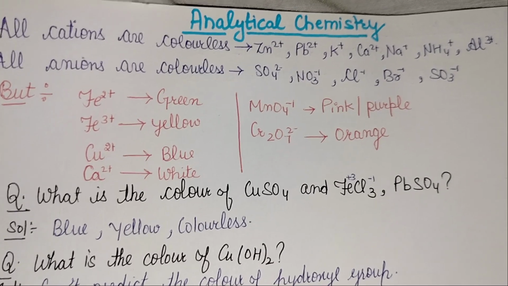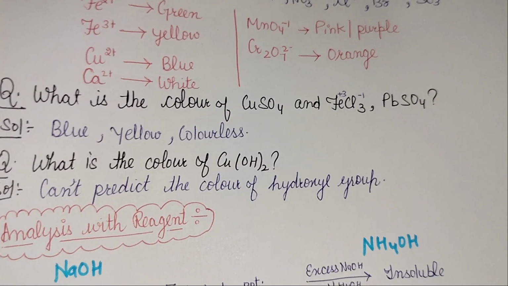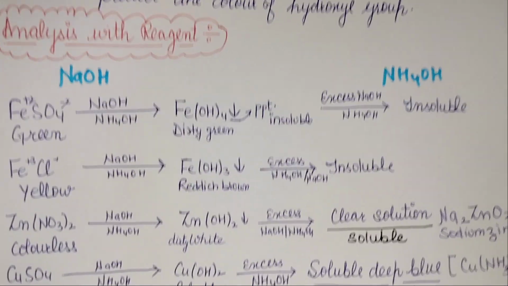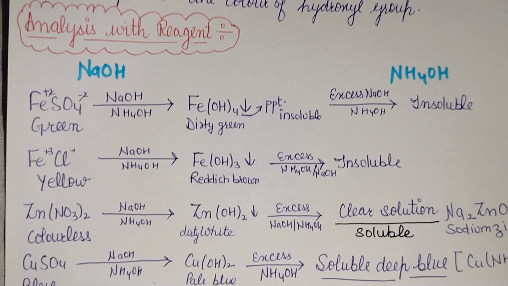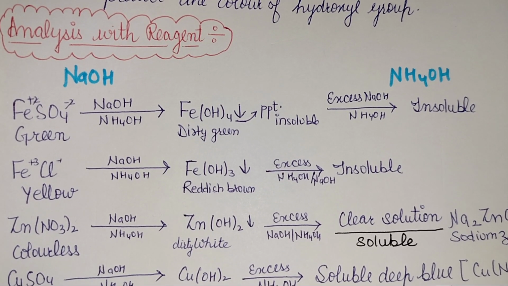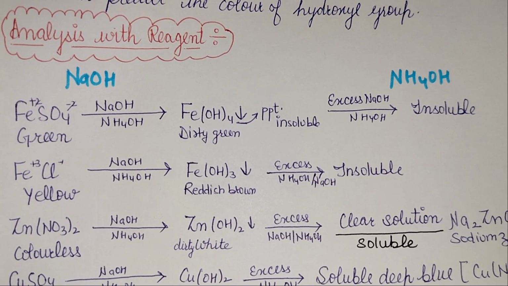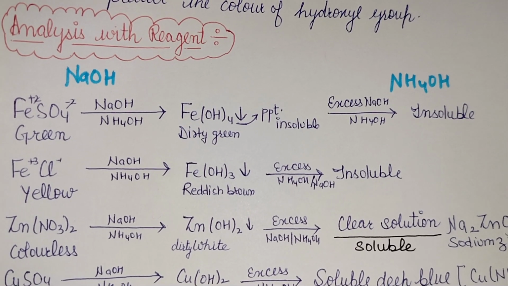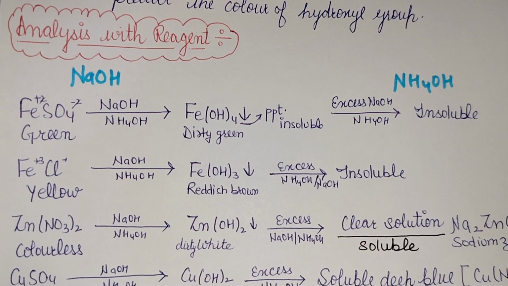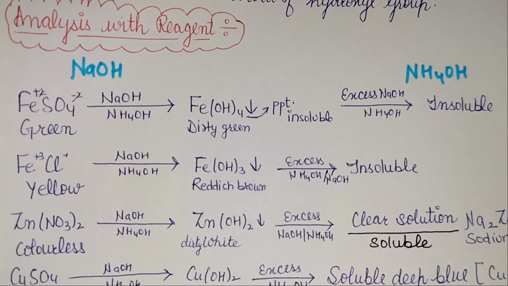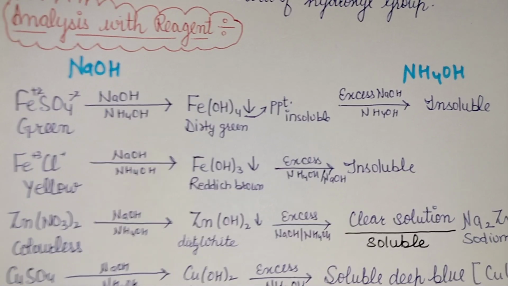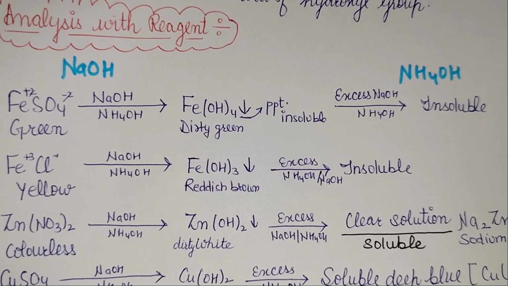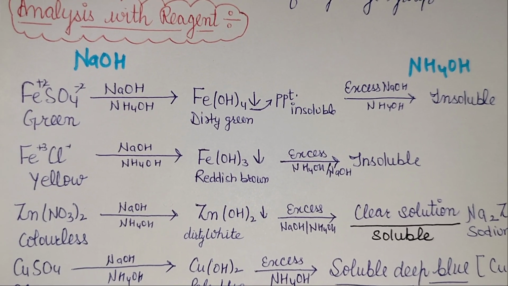So now there are some important reactions through which the chapter should be completed. These are analysis with reagents. We are using NaOH and NH4OH here. We have to proceed with the reaction and give our observations, which are very important. Whenever we talk about ferrous sulfate, we know it is green in color because Fe2+ is green.